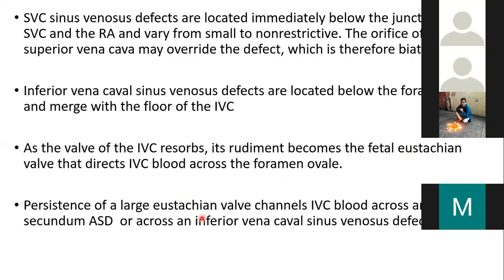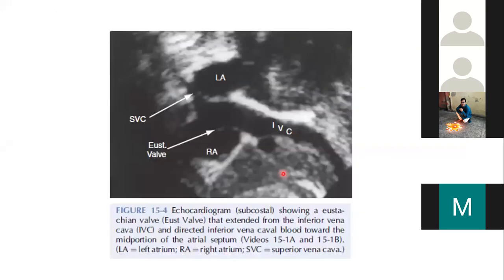The persistence of a large Eustachian valve channels IVC blood across the ostium secundum ASD and/or across the inferior vena cava sinus venosus defect. So this is the persistent Eustachian valve, and this is the ASD.